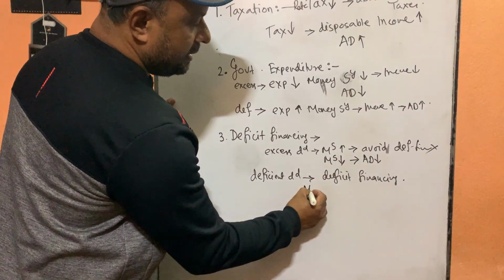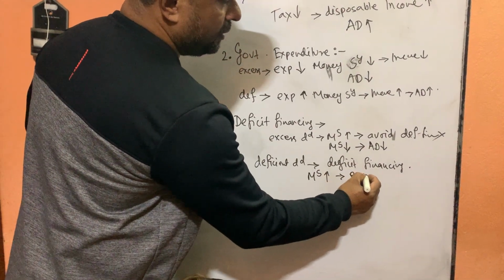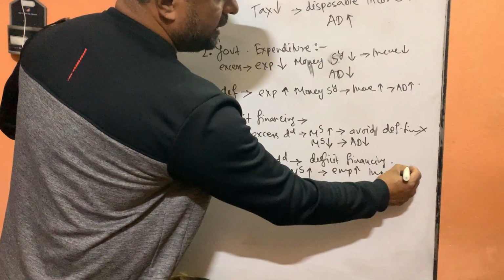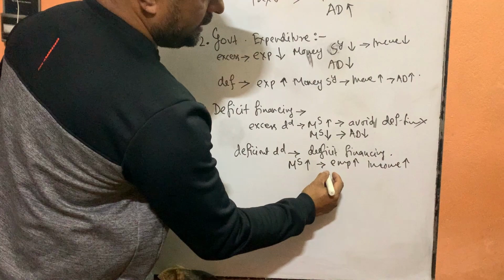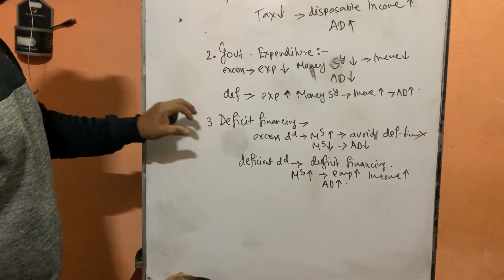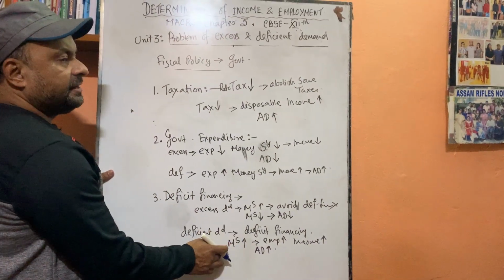By this, the money supply of the whole economy will rise, people's employment also will rise, income also will rise, and so the country's aggregate demand level also will rise. So by this deficit financing policy, government can correct excess demand and deficient demand.